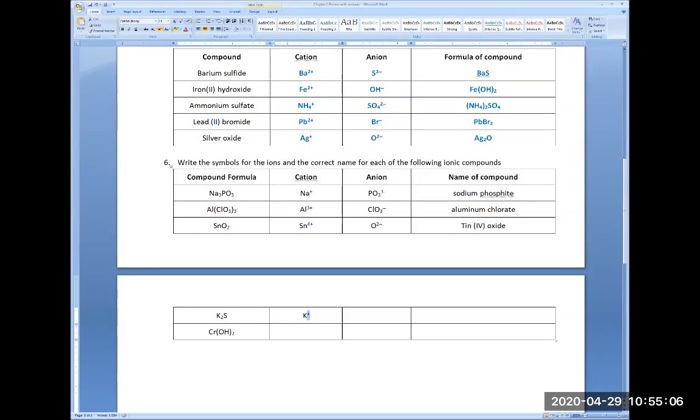S, what is S? So find the anion symbol, please. So S is coming from the sulfide.